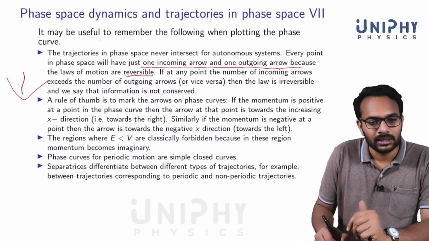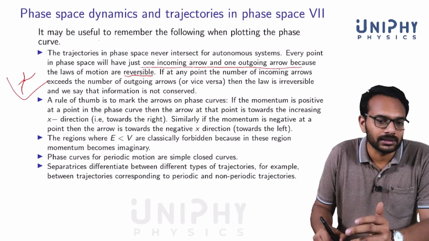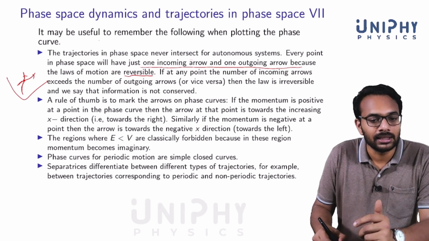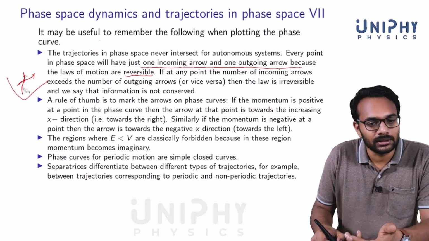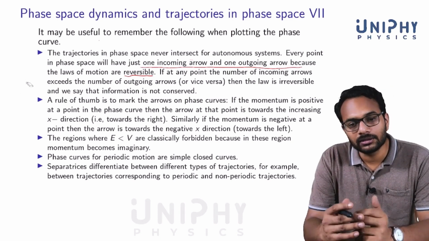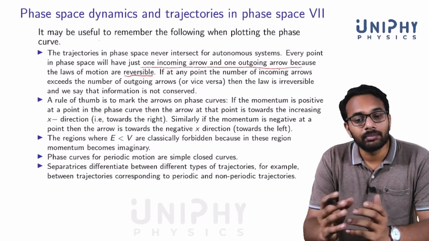So suppose they intersect. At this point, we don't know what the past of the system is. It could be this or this, imagining that the arrows are like this. But this means that it's not reversible. For physical systems, the laws of motion are completely reversible.